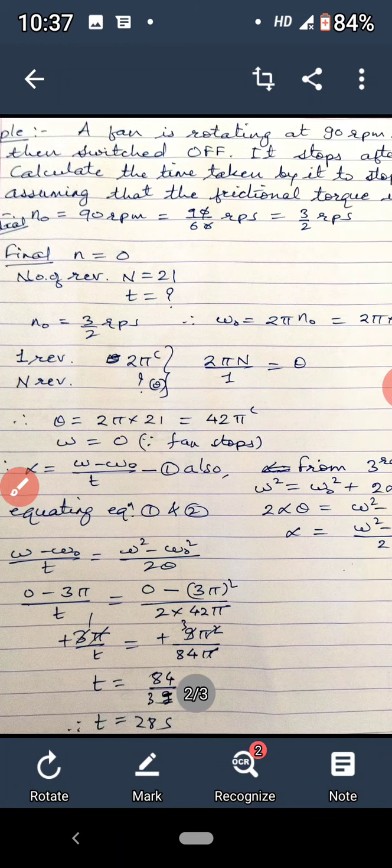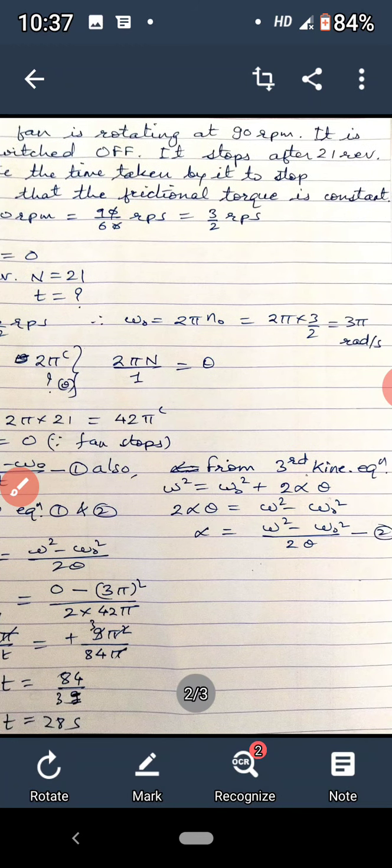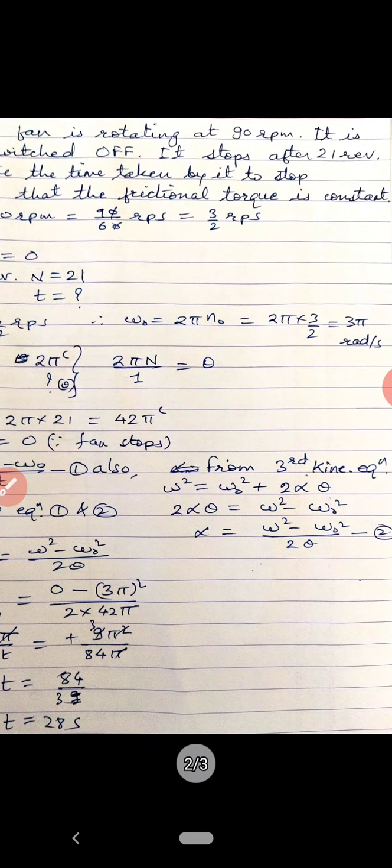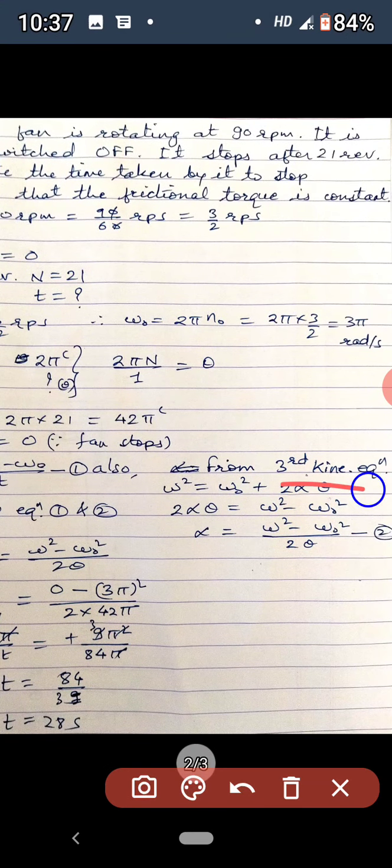Also we have the value of alpha from the third kinematical equation. What is the third kinematical equation? Omega square equals omega 0 square plus 2 alpha theta. This is the third kinematical equation in circular motion. Omega is final angular velocity, omega 0 is initial angular velocity, alpha is angular acceleration, and theta is angular displacement.